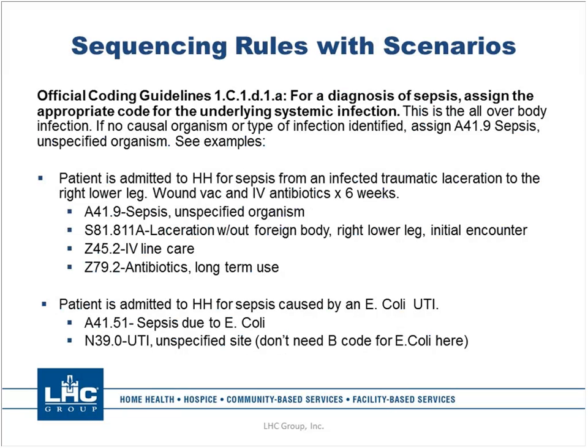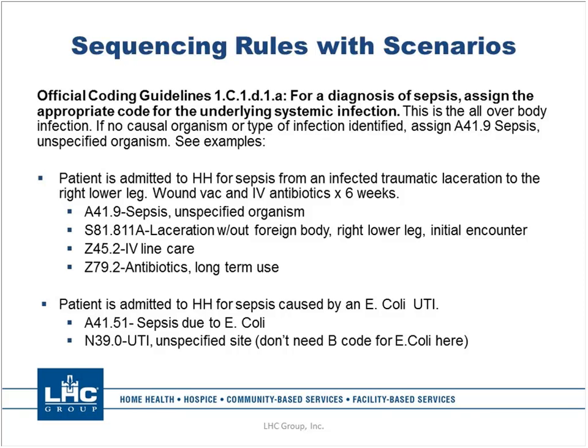So when we get down to coding sepsis, the biggest problem is the sequencing. So let's just start from the beginning. Official coding guidelines: for a diagnosis of sepsis, you will assign the appropriate code for the underlying systemic infection, and that is the part that messes everybody up. When y'all see underlying systemic infection, y'all think that means the localized infection.